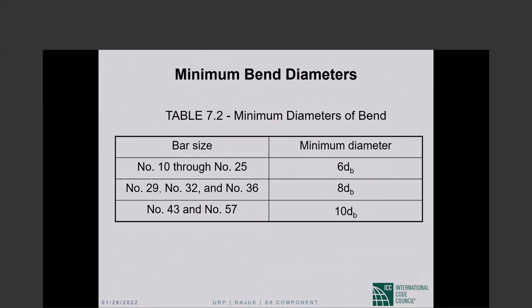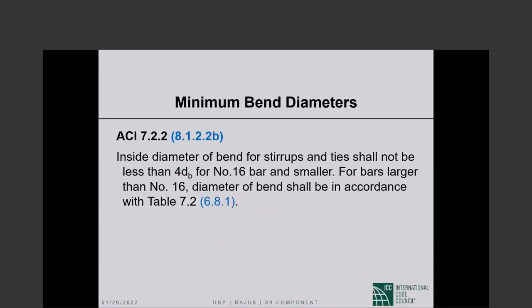So number 10 through 25 bar size, 6 bar diameter is the minimum bend diameter. Larger bars, 8 bar diameter is the minimum. The very large, our number 11 and number 14, as we call them here, 57 millimeter diameter. 10 bar diameter is the bend diameter, minimum bend diameter.